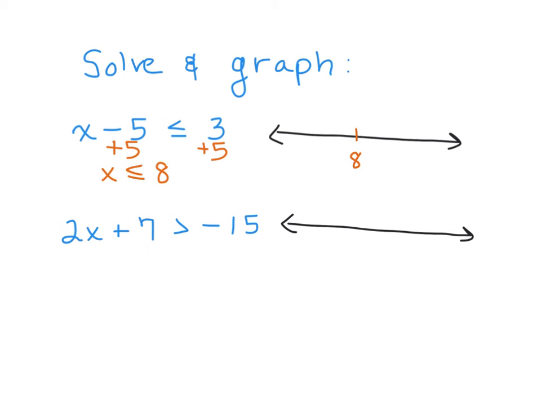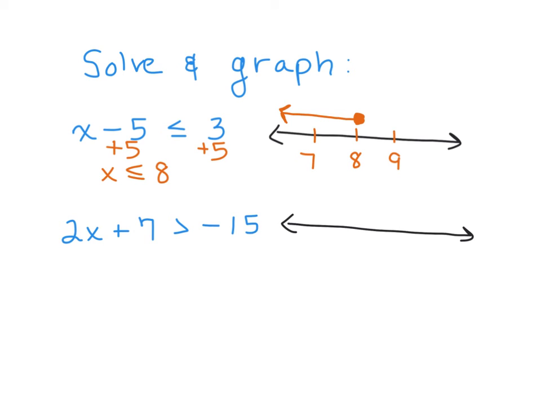So there's my 8, there's 9, there's 7. It's a less than or equal to. And that inequality is not ever going to change from a less than to a less than or equal to, or vice versa. If it's a less than or equal to, it's staying a less than or equal to. We'll never get rid of that little line that's underneath. So that would go that way.